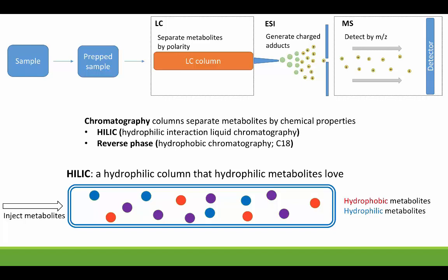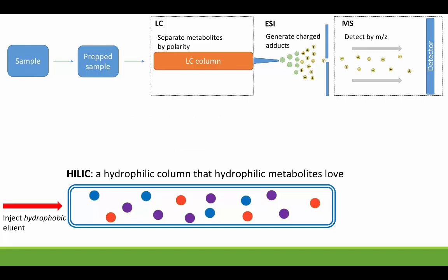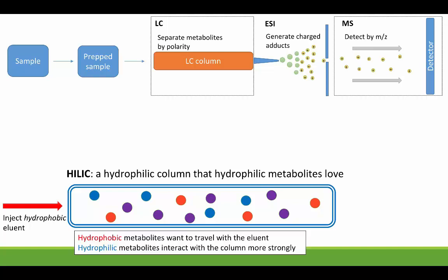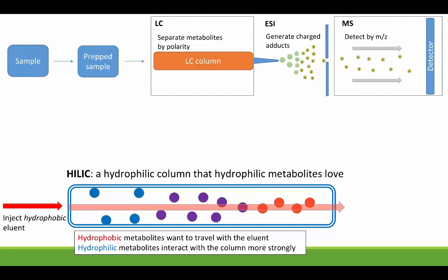So what happens is that you put your metabolites into the sample column, and then you inject a solvent that's hydrophobic, meaning that all of the metabolites in your sample that are in the column that are hydrophobic want to associate with the solvent, whereas the hydrophilic metabolites are going to be interacting with the column more strongly.